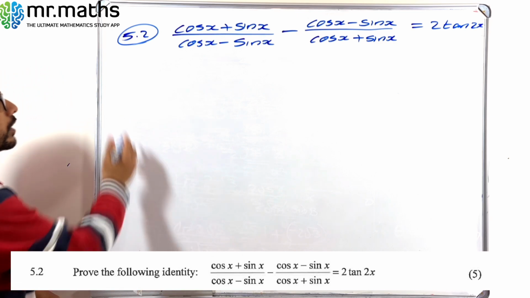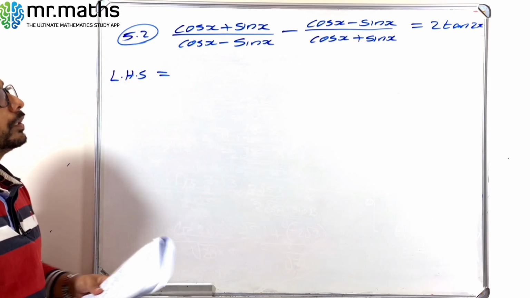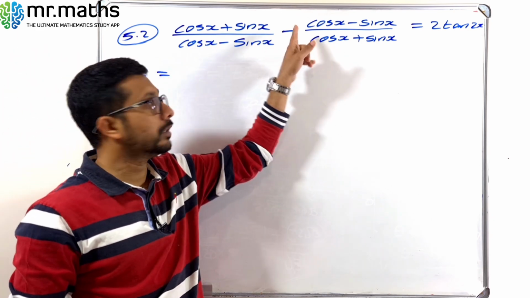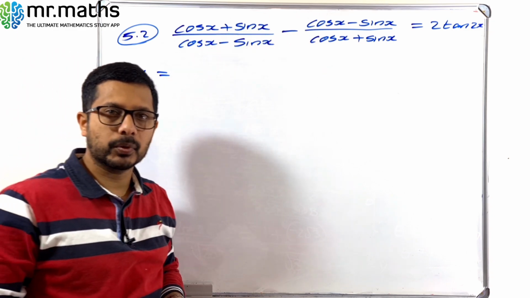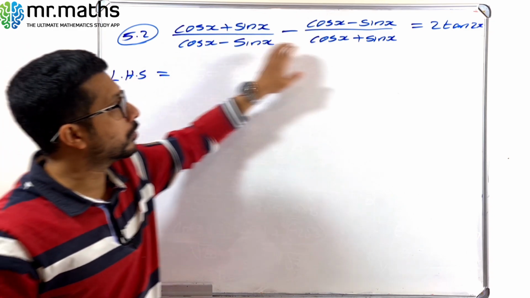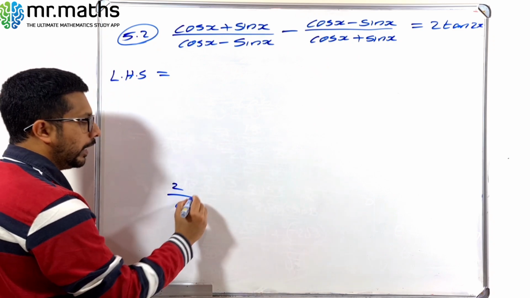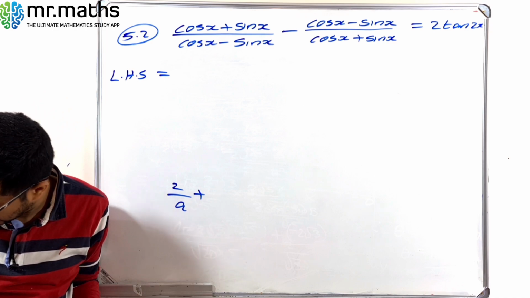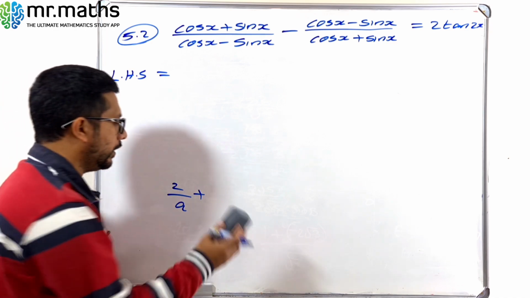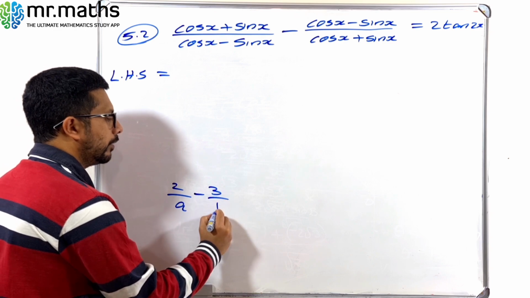So let's take the left hand side. You know that here there are two fractions separated with a minus. Of course you have to take the LCM. What is the LCM? The product of these. For example, 2 divided by a minus, I'm just giving an example, 3 divided by b.